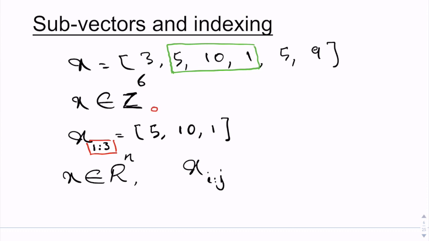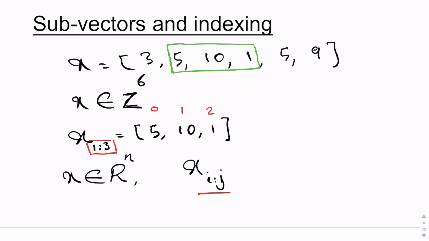So this is the 0 element, this is the first element, this is the second element. We should be clear upfront what kind of indexing we use. In this course we will be consistent with Python notation. Note that other programming languages like MATLAB start the index from 1. But putting aside the programming language, this is the general way we use a subvector.